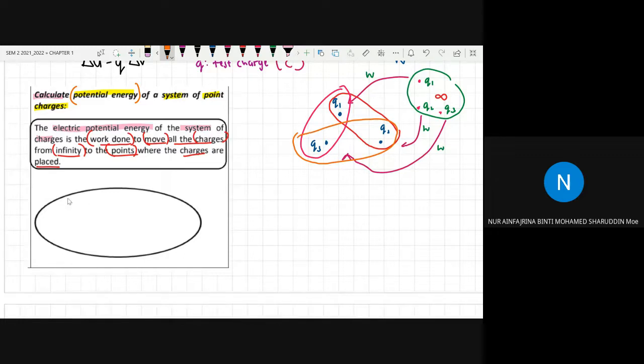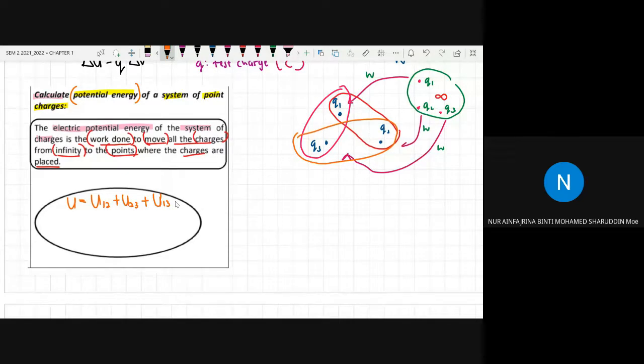So therefore dia akan jadi potential energy of the system of the charges sama juga dengan potential energy of charge 1 and charge 2 tambah potential energy of charge 2 and charge 3 tambah potential energy of charge 1 and charge 3.